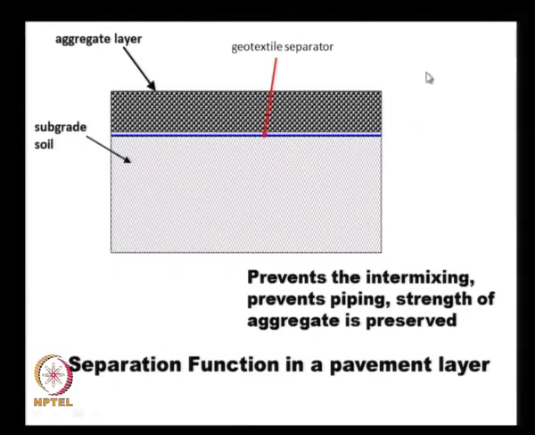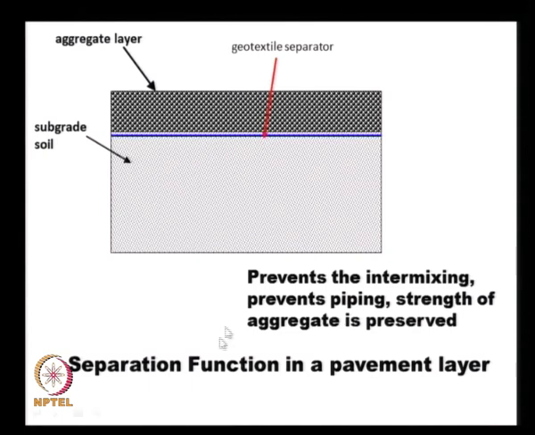And the separation function is something like this. Let us say that we have a soft subgrade and an aggregate layer. Unless we have a separator in the form of either a geotextile or a geogrid, the aggregate gradually sinks in, and we may get an intermixing of the fines from the subgrade into the aggregate layer.